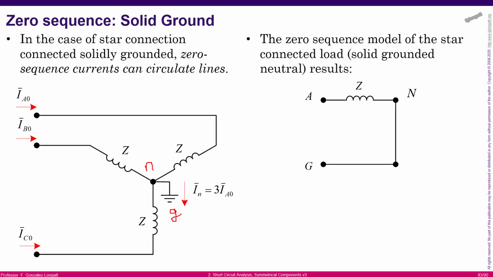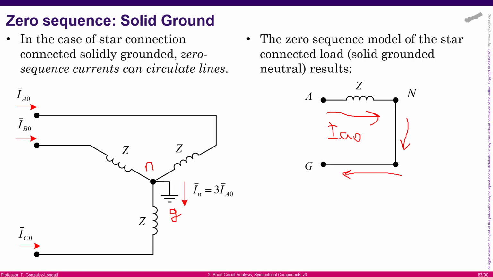Okay, in this case, yes, we have the possibility of zero sequence current moving in this system, and you can identify here zero sequence currents will go from the line, then add up at the neutral point, then go down to the ground, and they can circulate inside the power system.